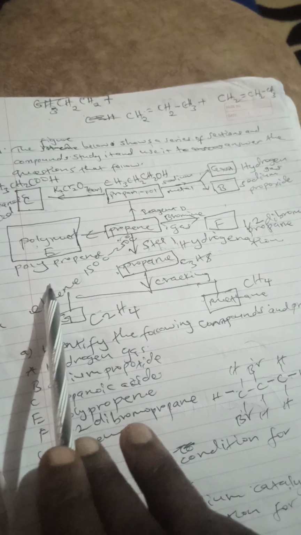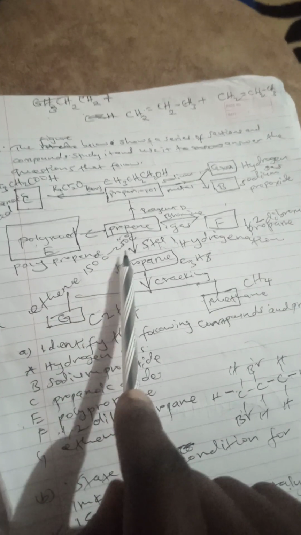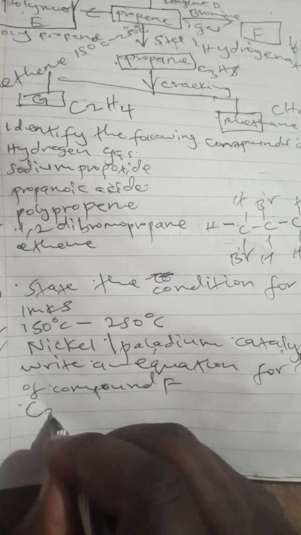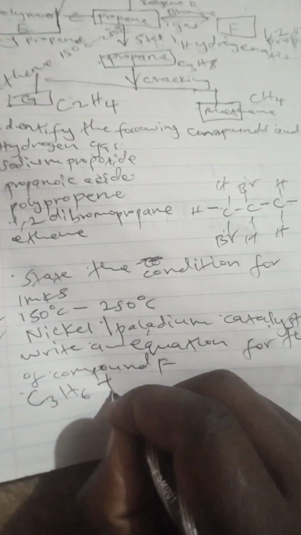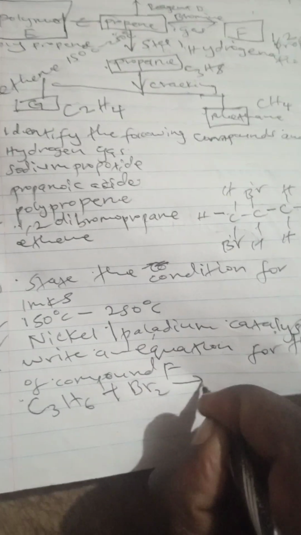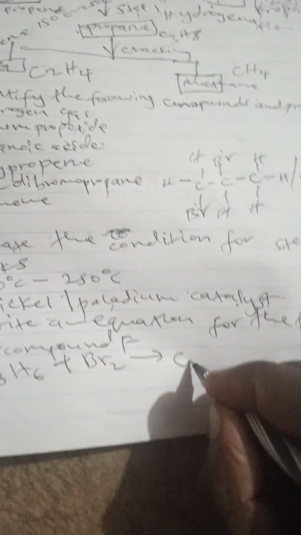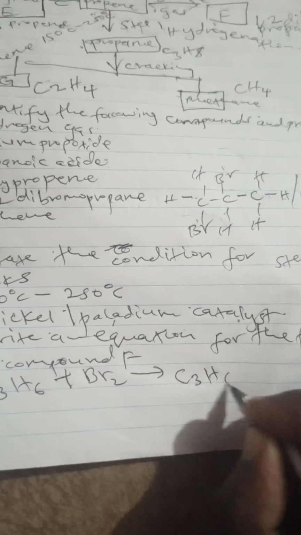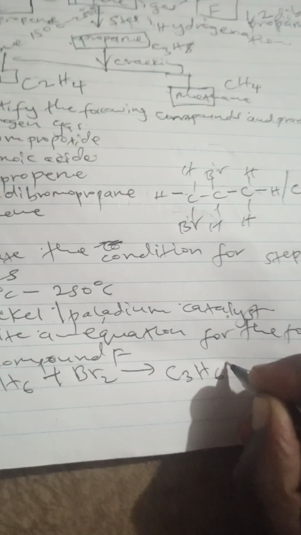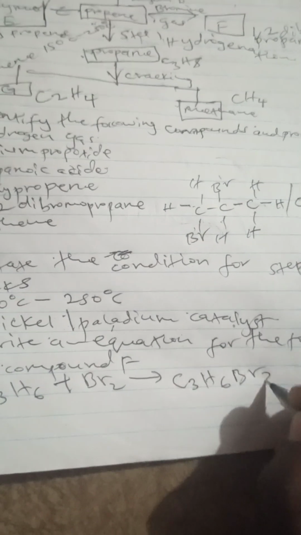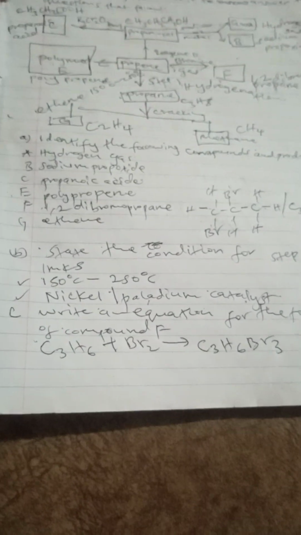So the polymer is polypropene. Then propene will react with bromine to form 1,2-dibromopropane.